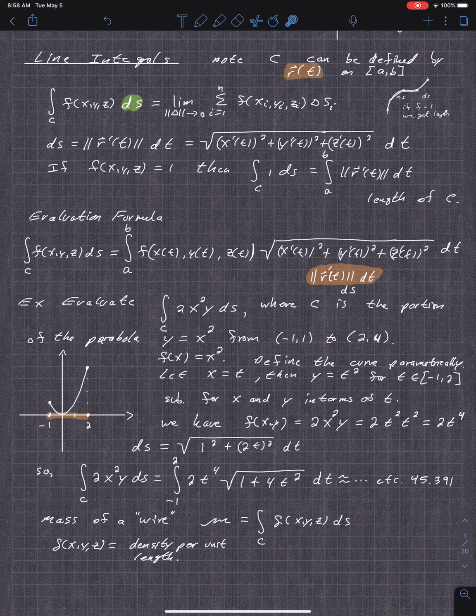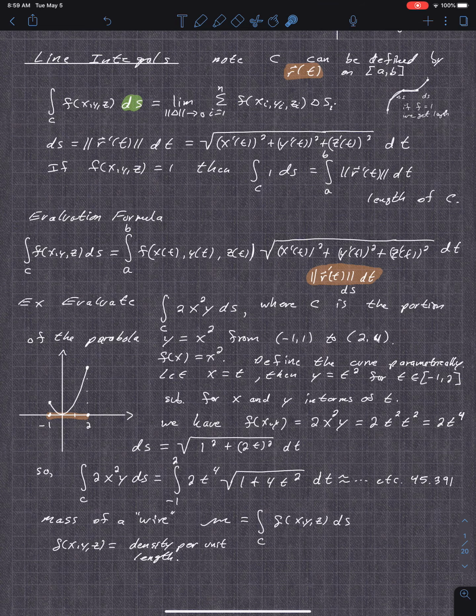So the square root of the sum of the squares of the derivatives of the components. And I mentioned earlier, if f of x, y, z is 1, then you get the length of the curve. But the easiest one to remember is density. If you have a varying density and you're adding up length, you have a density function that's determined by the curve, a point on the curve.